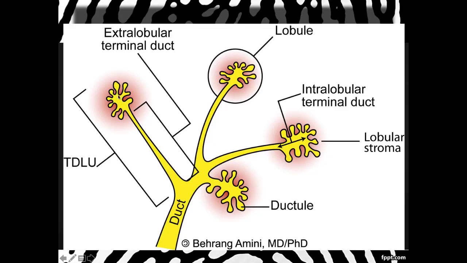These are intralobular terminal duct. Intralobular terminal duct. These are extralobular terminal duct. And together, this structure, extralobular duct, intralobular duct, and lobule itself, they represent terminal duct lobular unit.